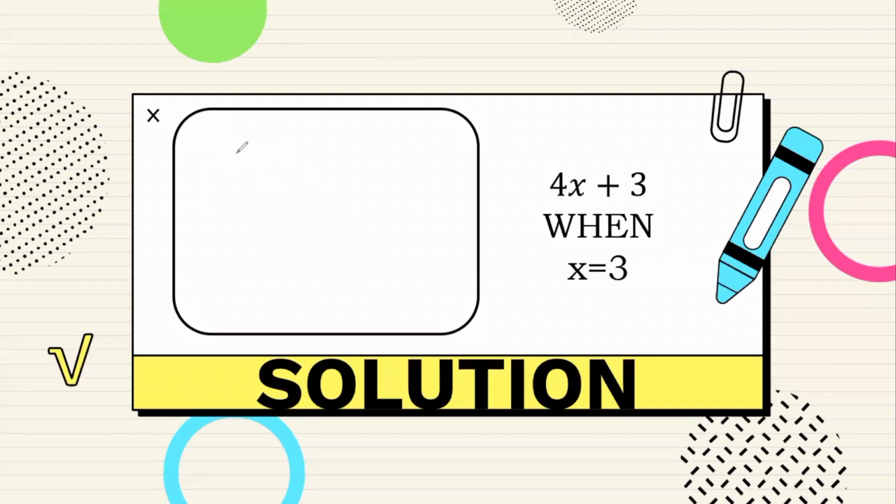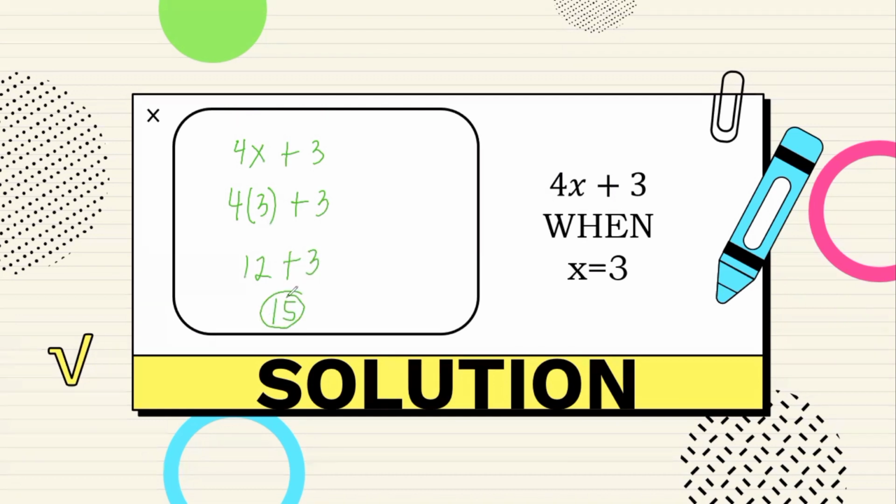Okay, so we have the given polynomial 4x plus 3. Papalitan lang po natin yung variable x ng 3. So 4 times 3, and then plus 3. 4 times 3, that is 12. Plus 3, it's now equal to 15.